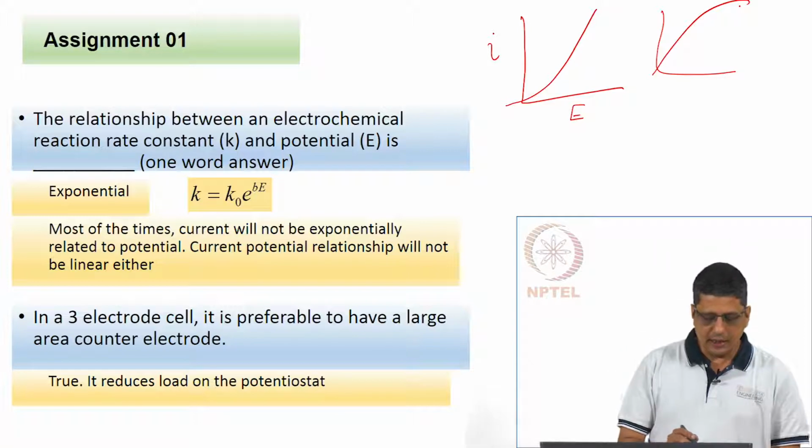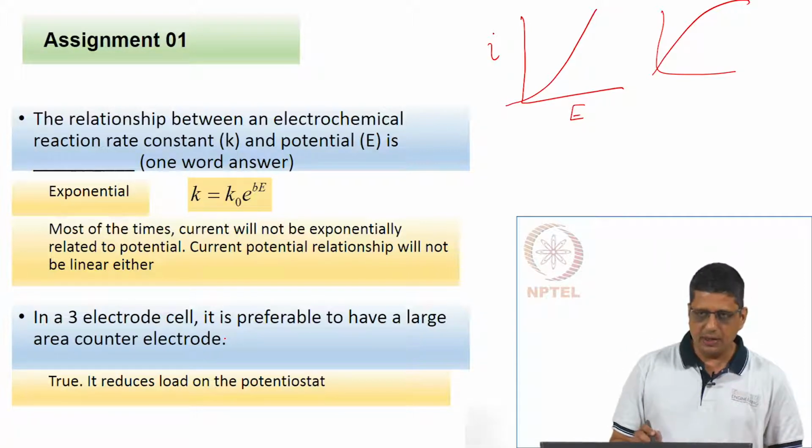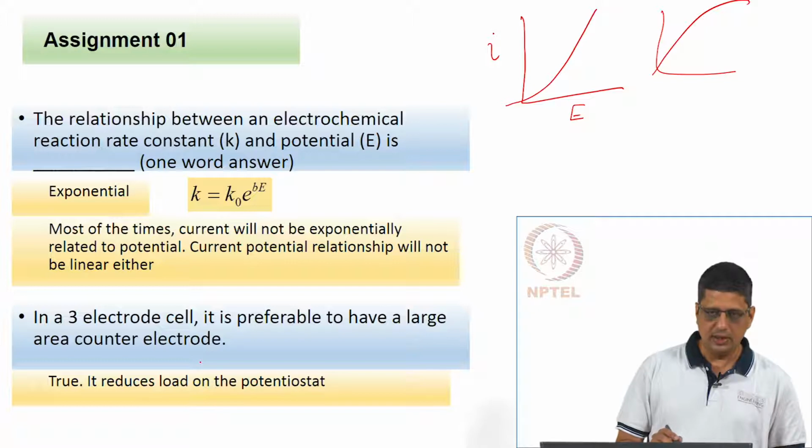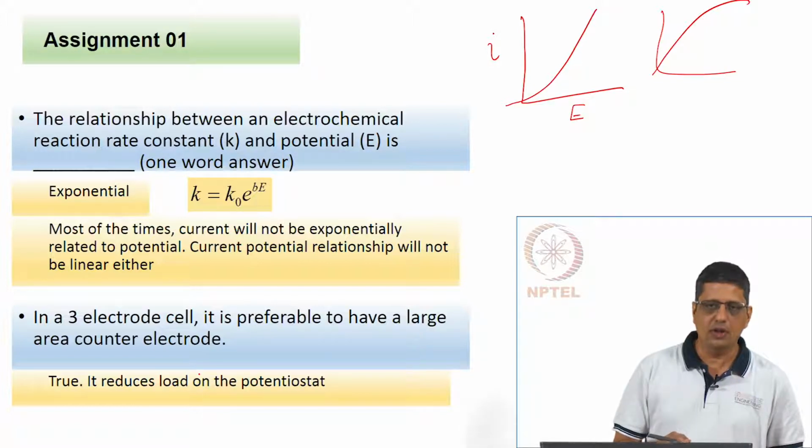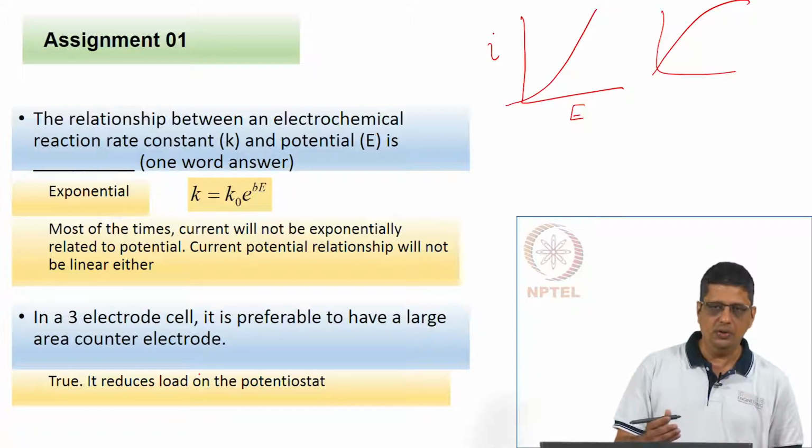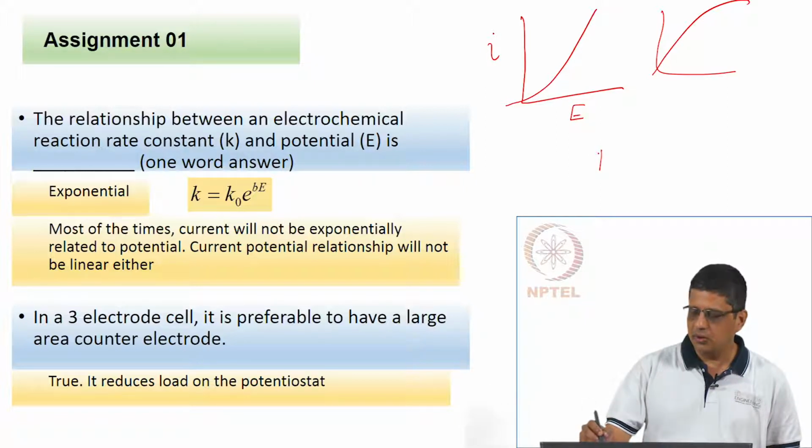The next question is, in the 3 electrode cell, it is preferable to have a large area counter electrode. Is it true or false? And of course, you want to have a large area counter electrode. Large meaning compared to the area of working electrode, the area of the counter electrode should be large, because in a 3 electrode system you have working electrode, you have reference electrode and you have counter electrode.